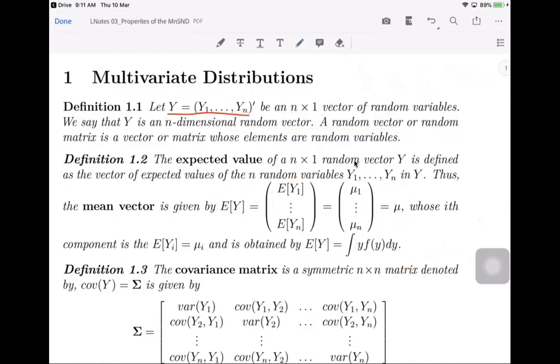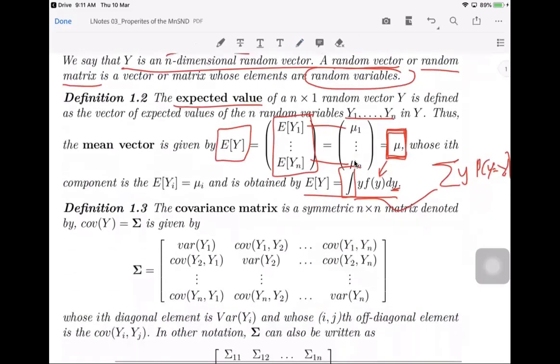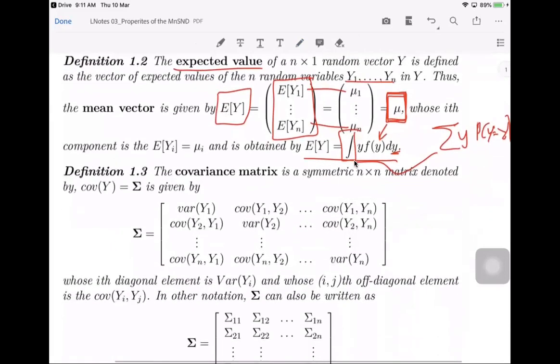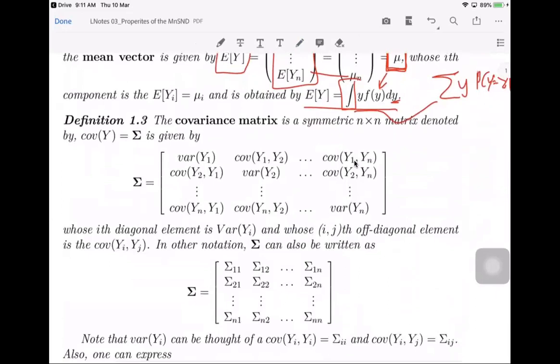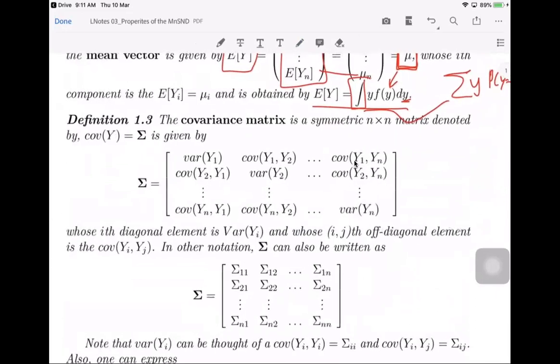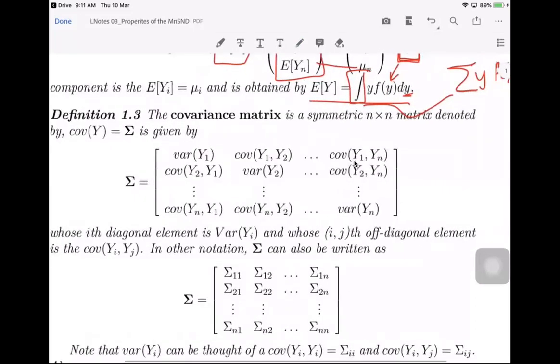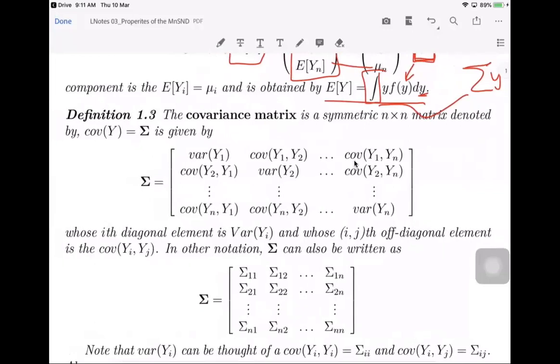The next concept that we learn is the covariance matrix. This is a symmetric and square matrix. A symmetric matrix is a matrix whose transpose is equal to itself.